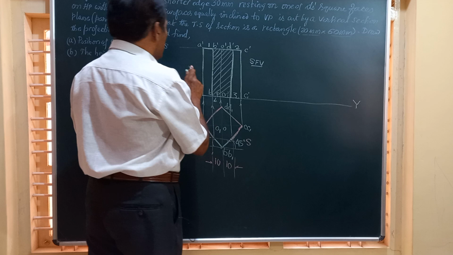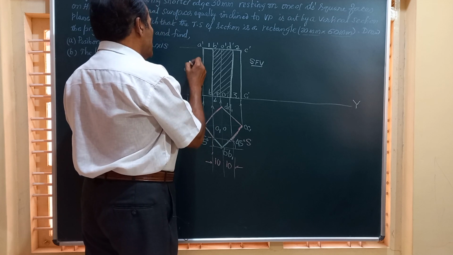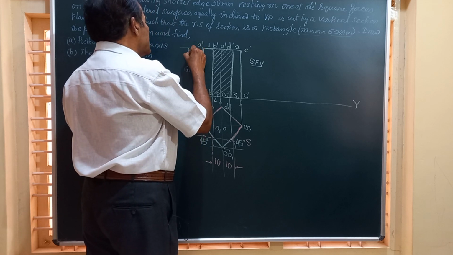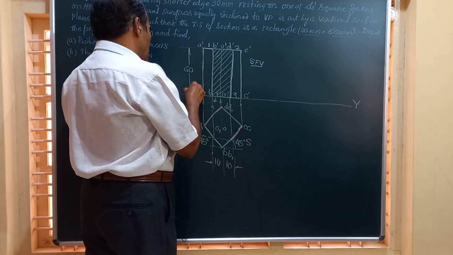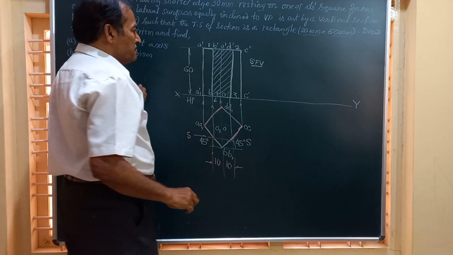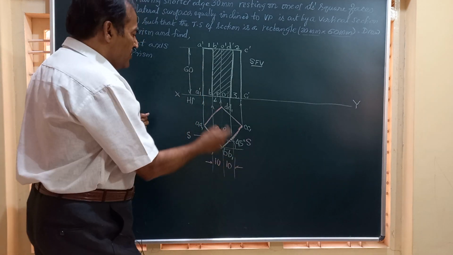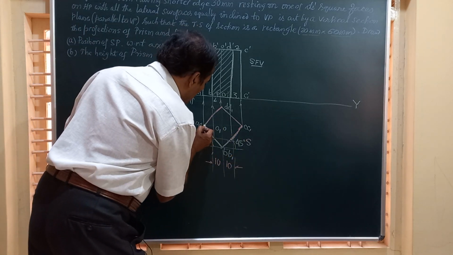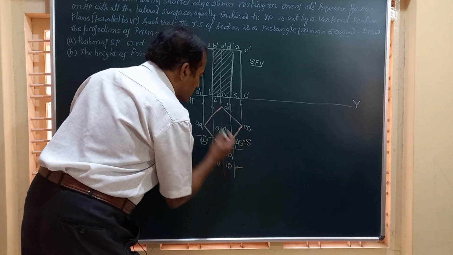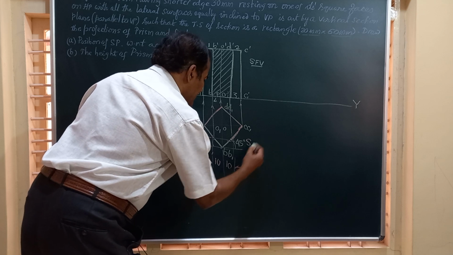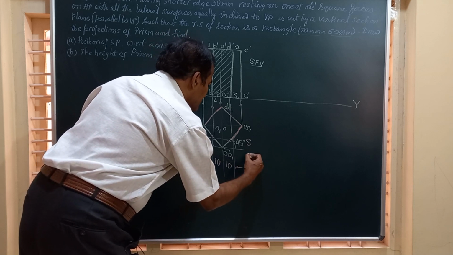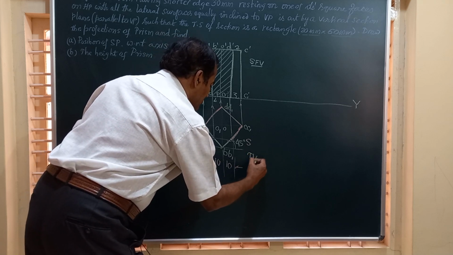Sorry, this is 60 millimeter. That's equal to the height of the solid. It's a very interesting problem on the section of solids. Friends, so you got the sectional front view, you have got this top view, and you have to darken only this portion. I will call this section plane SS, and say this is the top view TV.